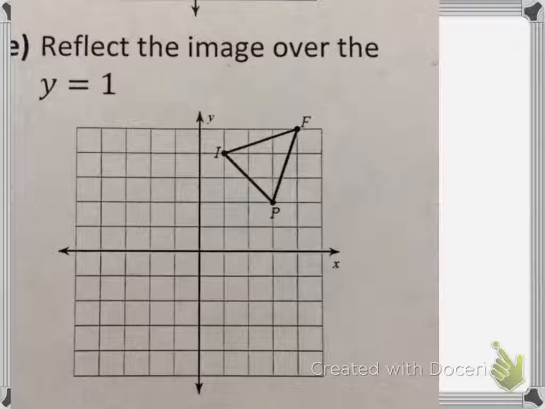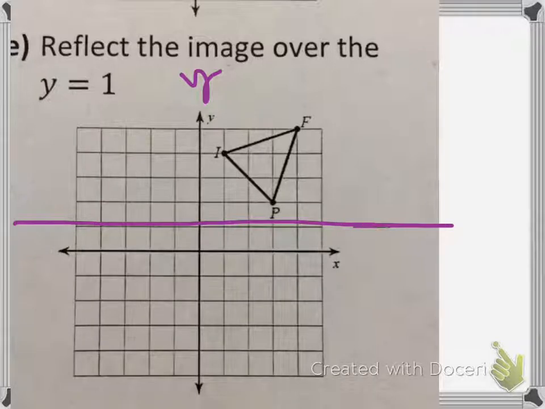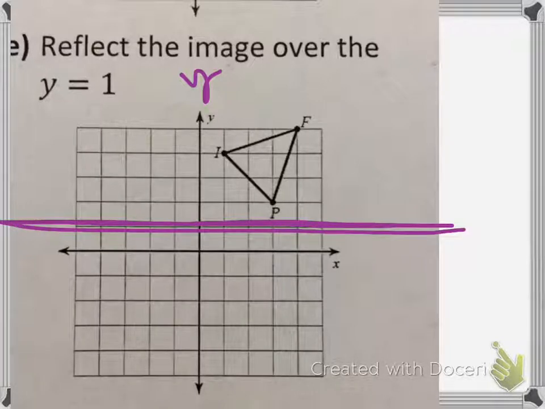Okay, we're going to reflect over the line y equals 1 this time. This is my y-axis. I'm going up to y equals 1, so this is my line of reflection right here. So I'm going to reflect everything over that line. I'm just going to count it like I did last time, you guys. I think that's the best way. P is 1 away from that line of reflection, so that's my new P prime right there. Okay, F is 1, 2, 3, 4 away, so it's going to be 4 away.